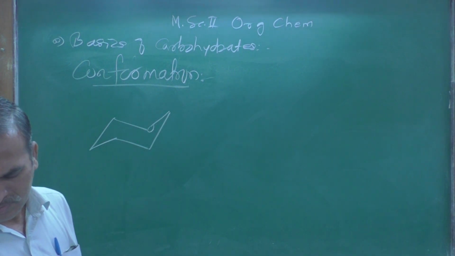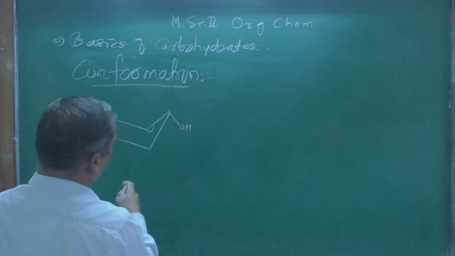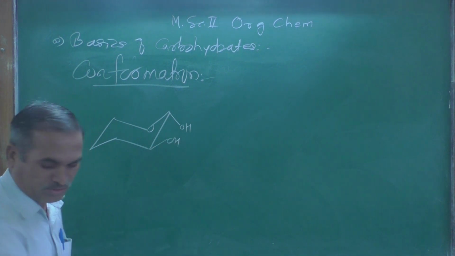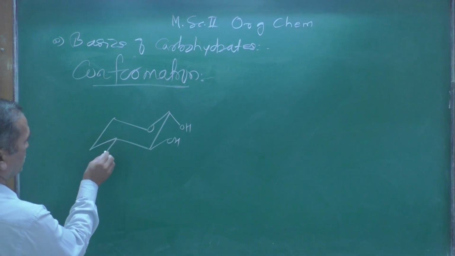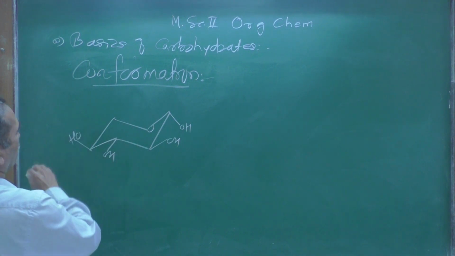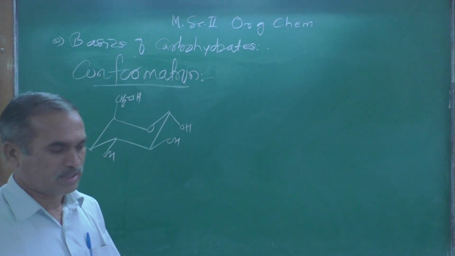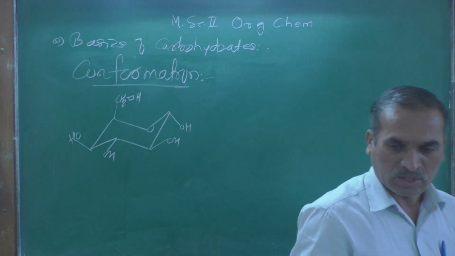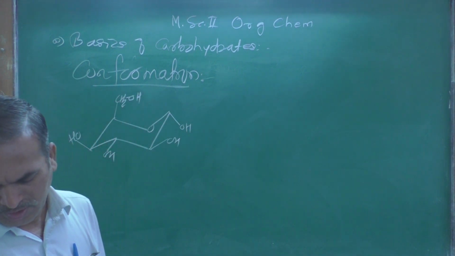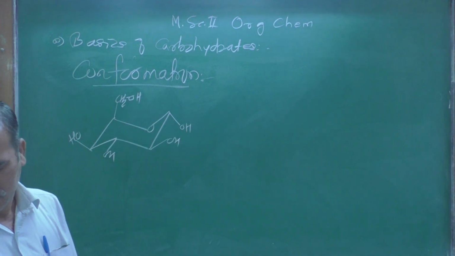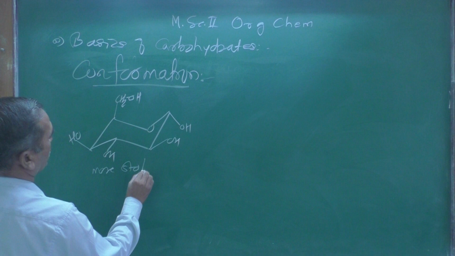Here the hydroxy group at the anomeric position is at an equatorial position. Here a hydroxy group at equatorial position. Again this hydroxy is at an equatorial position. Except for this CH2OH group, all others are present at equatorial positions. Still it is the more stable conformation.